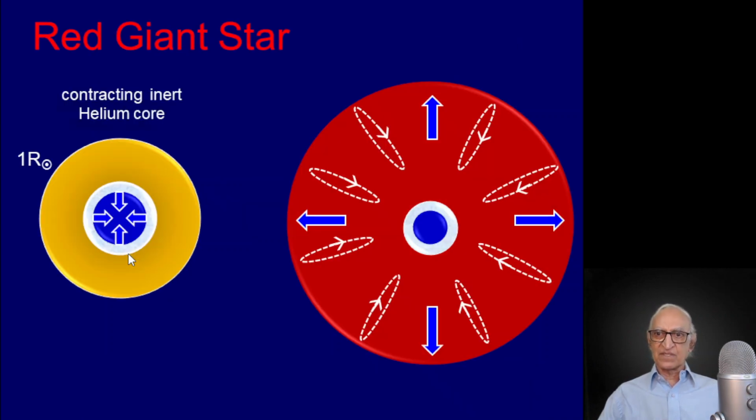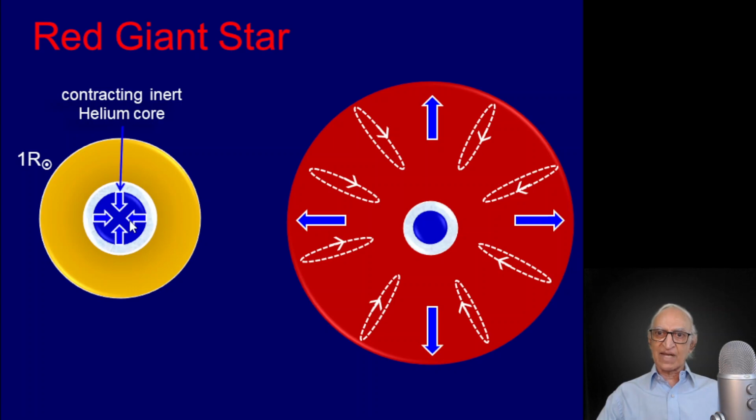Now, let me say this once again. There is a contracting helium core. How did this helium form? By fusing hydrogen to helium over millions and millions or billions of years. The Sun has been shining for 5 billion years. It's been converting hydrogen to helium for 5 billion years. So at some stage, a substantial helium core will form, and that core will be inert, and therefore it will contract.